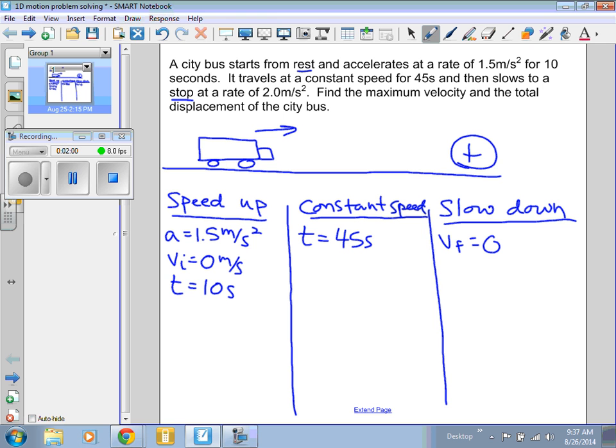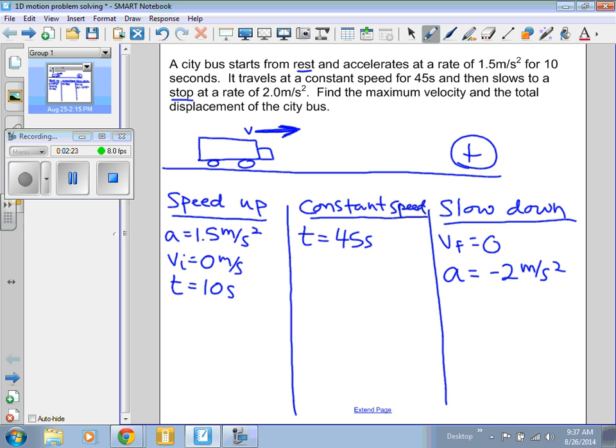And we know that the acceleration is equal to negative 2 meters per second squared. We know that's negative because it's slowing down, and the vehicle is traveling in the positive direction. So in order for it to slow down, our acceleration is going to have to be in the opposite direction, so it will have to be negative.